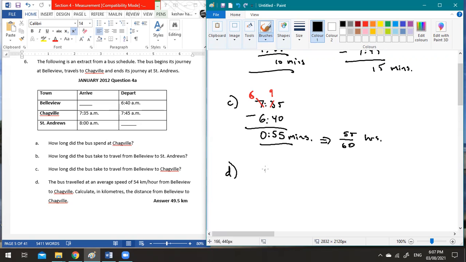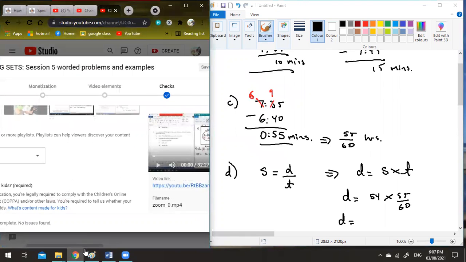The formula again is average speed is equal to distance over time. And we want to find the distance. So the formula will be rearranged to get distance is average speed multiplied by time. So the distance will be equal to the average speed, which is 54 kilometers per hour multiplied by 55 over 60.